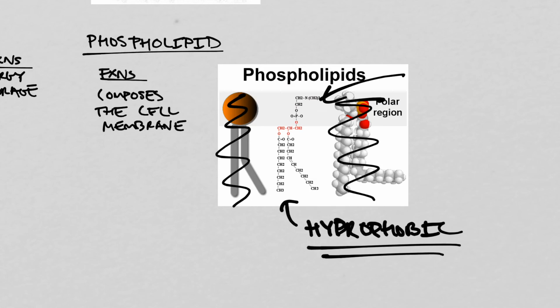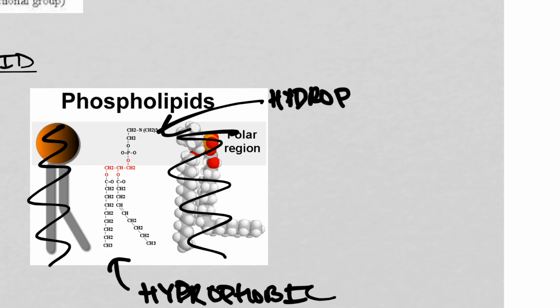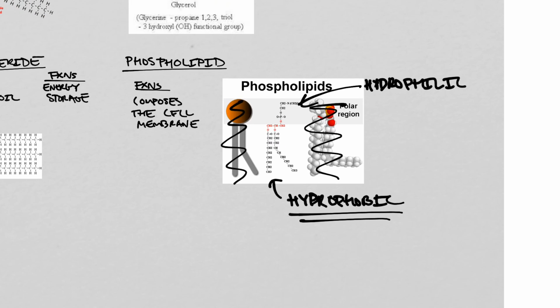Here you can see the phosphate. The phosphate is right here. So this is hydrophilic here, which means it loves water. So this molecule is what's called biphasic. It has 2 phases. It has a water-loving part and a water-hating part.